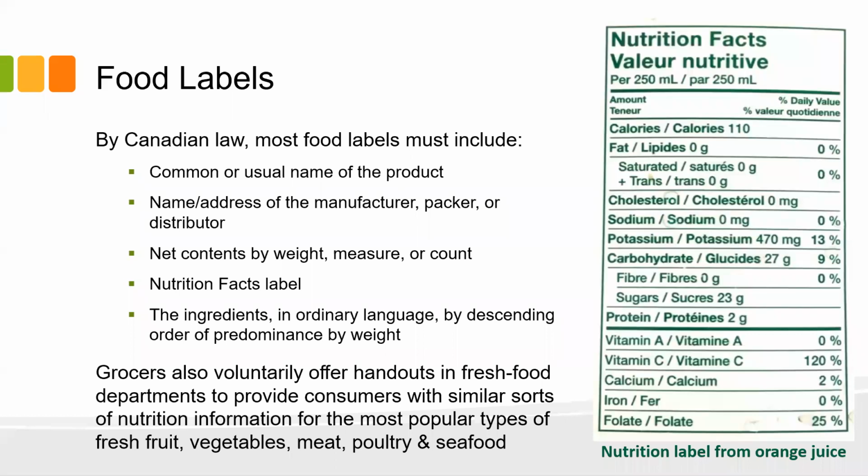Let's talk about food labels here. Looking around my house, of course there are many food labels on many products. These are the things that must be included by law. So the name of the product, or the usual name of the product. And even with some products, there are laws around how you can name it. You may have noticed that sometimes you get orange juice, and sometimes you get orange drink.